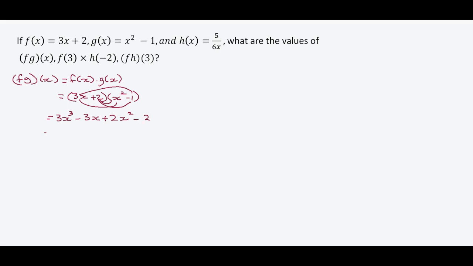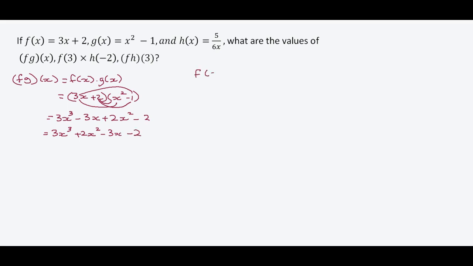So let's rearrange it. I like to have the exponents reduce on the terms from the left all the way to the right. So I'm going to write it as 3x cubed plus 2x squared minus 3x minus 2.